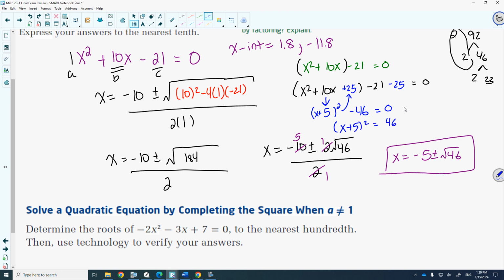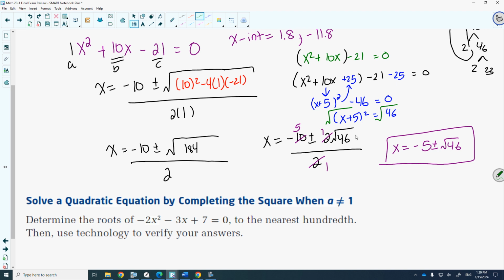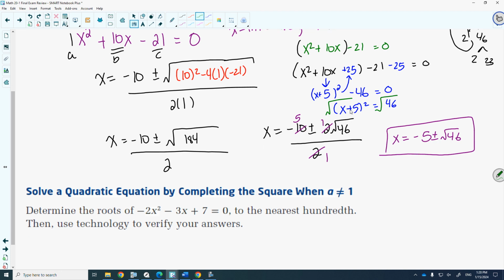Then you say you square root both sides. Yep. And when you square root both sides, you're left with x plus 5 is equal to plus or minus root 46. And then you bring that 5 over. And that's how you do that.